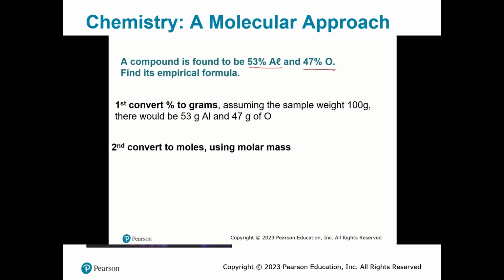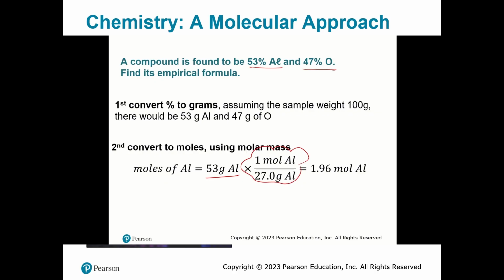Then we need to convert to moles, and you're going to use the molar mass. That's why you need your periodic table. So I have 53 grams of aluminum, and I know the molar mass of aluminum is 27 grams per mole. I know that in your periodic table, you're probably going to see 26.98.